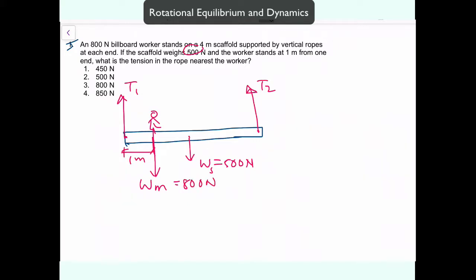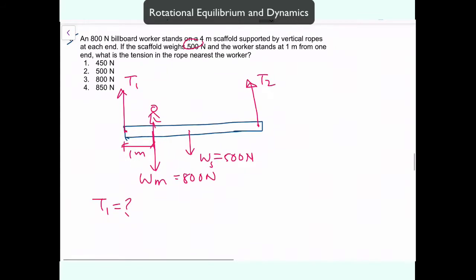Now what you are asked to determine is the tension in the rope nearest the worker. It means T1 equals what? Because T1 is the one that is closest to the worker.